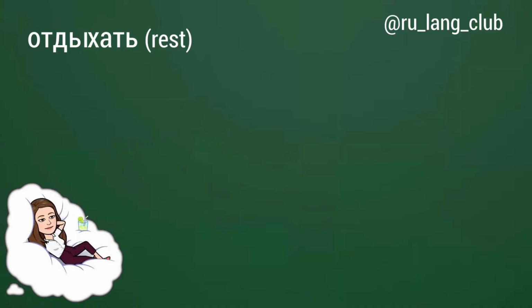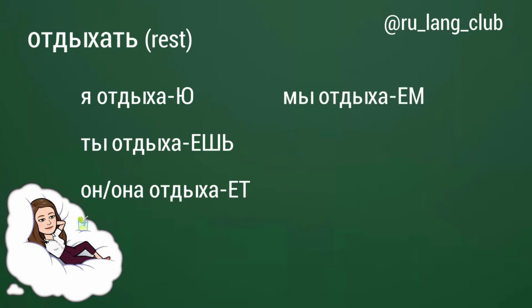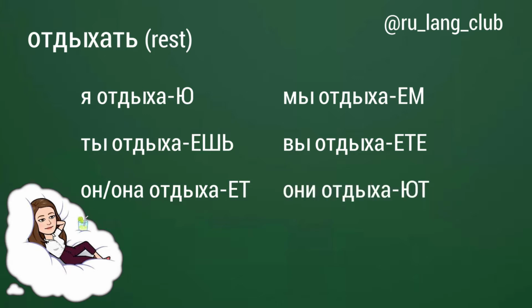Let's look at the example. The verb отдыхать. Я отдыхаю, ты отдыхаешь, он отдыхает, она отдыхает, мы отдыхаем, вы отдыхаете, они отдыхают. Here you can see that the ending for я, the first person, is the ending ю.